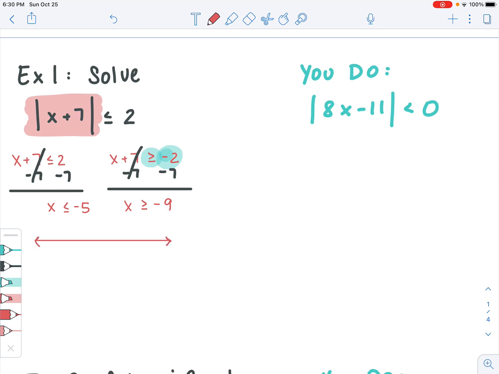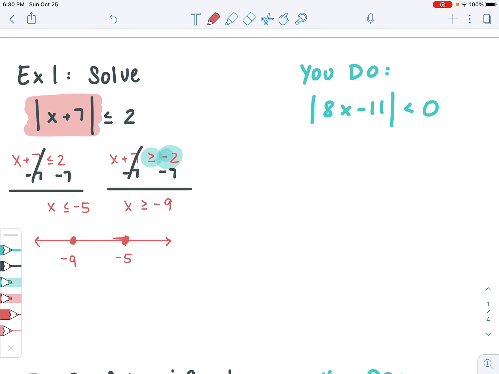So I know that my graph should look like an and since I started with a less than symbol. But just in case, I'm going to double check. I'm going to put my negative 9 down, my negative 5. I always put the smaller number first. They both get a closed circle. Then I'm going to say, okay, I want x to be less than or equal to negative 5, so I want to go this way from negative 5.